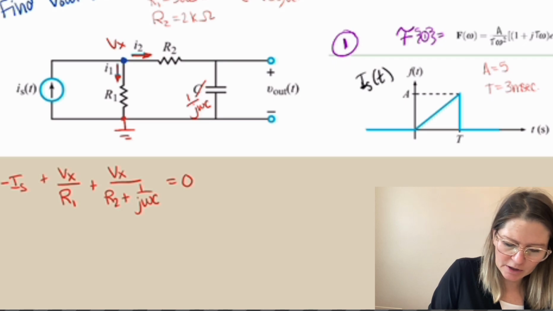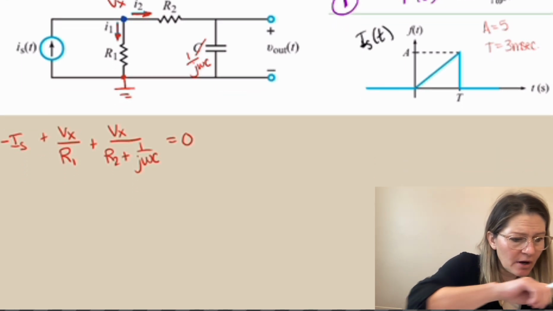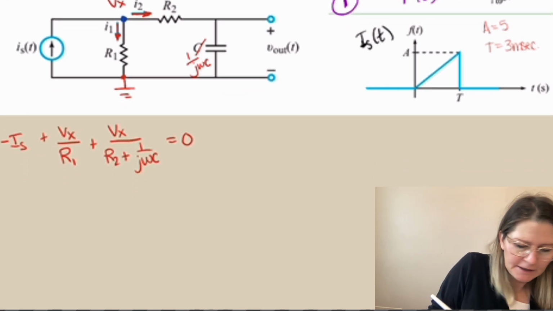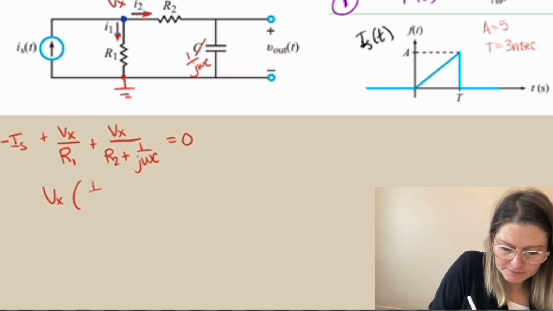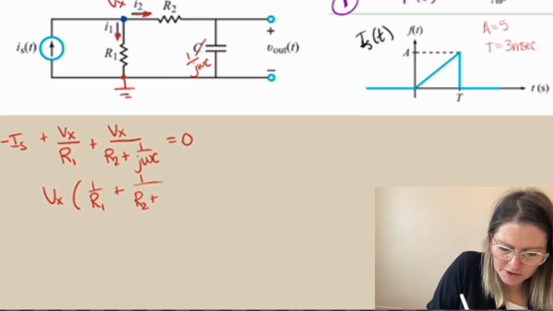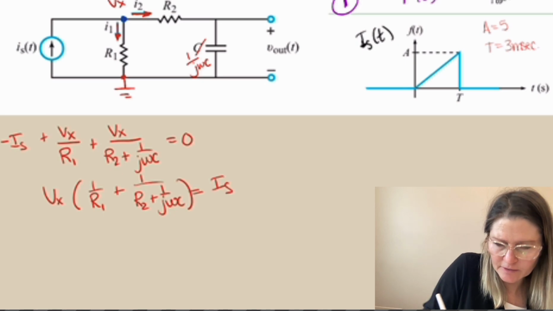And so we can combine the like terms to get Vx times 1 over R1 plus 1 over R2 plus 1 over j omega C is equal to Is.